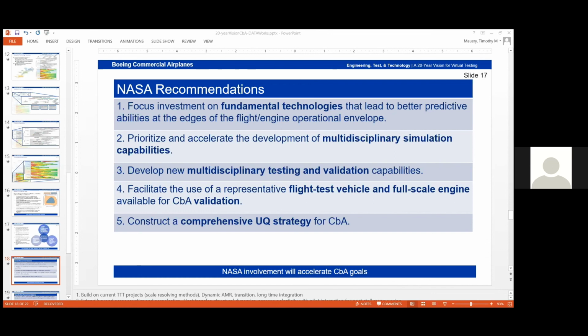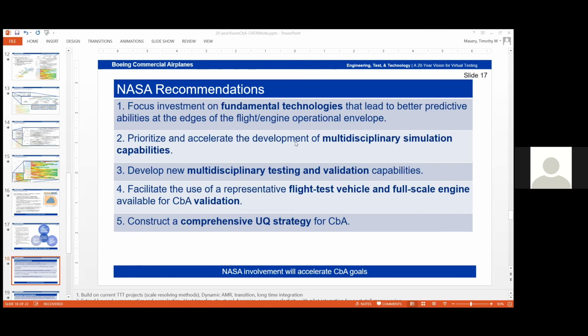Number two, we want to extend beyond the normal aeroelastics and aeroacoustics that we've collaborated on in the past. NASA has some unique capabilities that will allow them to look into more complex problems like aeroservoelasticity with pilot interaction during a post-stall maneuver. So we need to accelerate the development of these multidisciplinary capabilities.